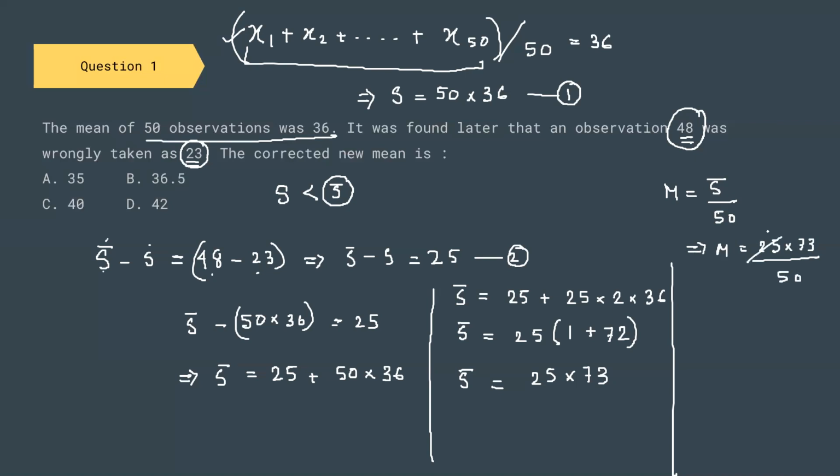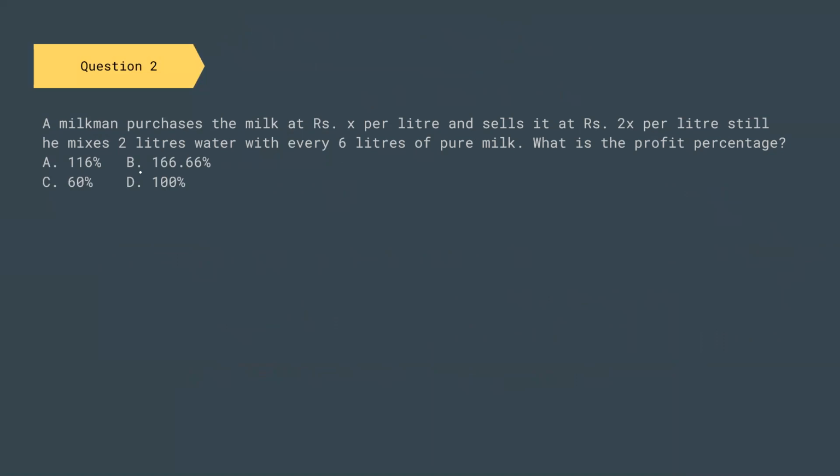So this is 1, this is 2, and 73 divided by 2 is 36.5. So the new mean is 36.5. That is your option B. So I hope this question was understandable to you. It was an easy question. Let us move on to the next question.